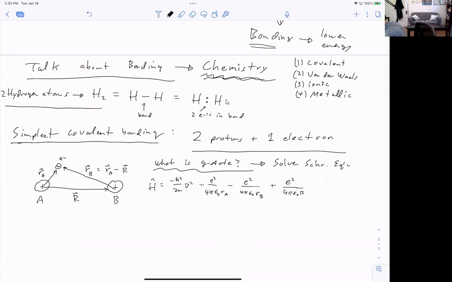But we'll just say that the nuclei are fixed. So then we can ignore this. We can ignore the motion, because let's just worry about the electron.